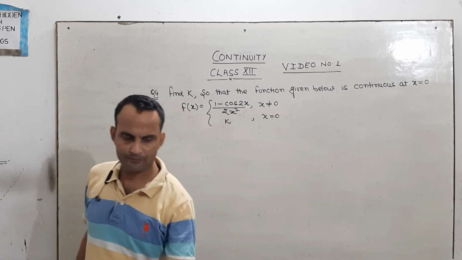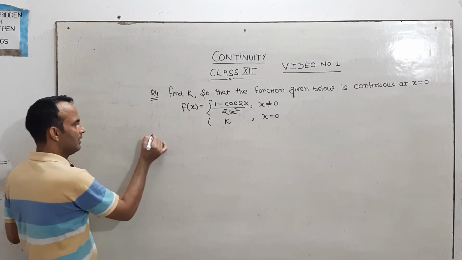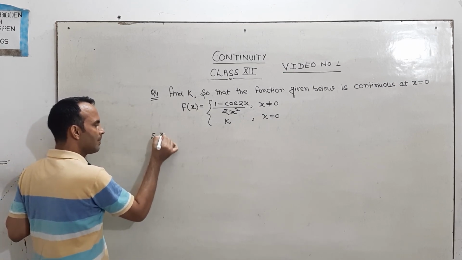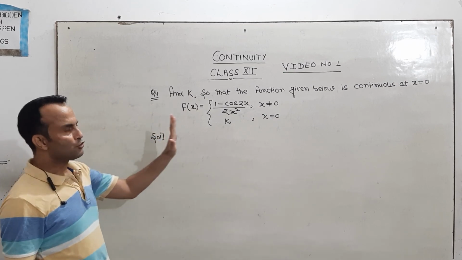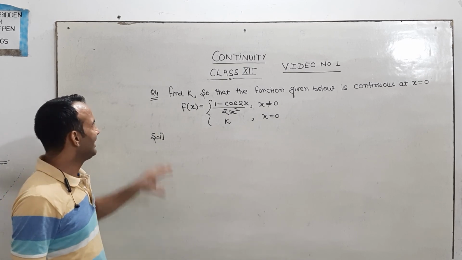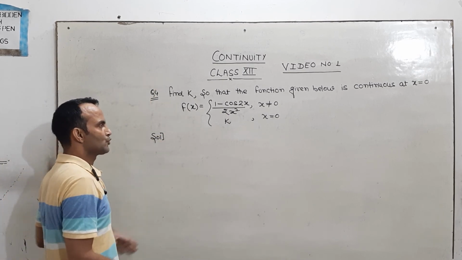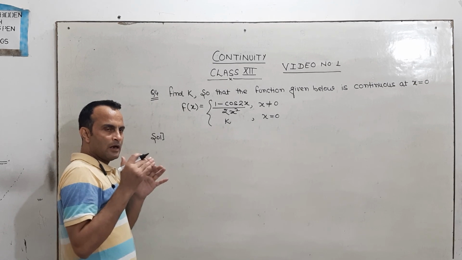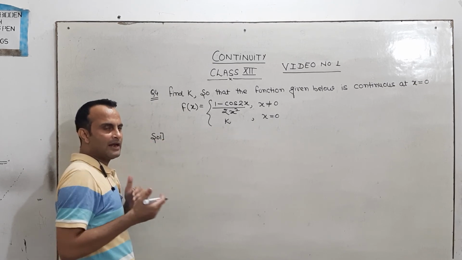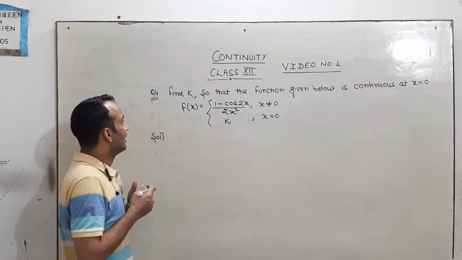Dear students, the method to solve such type of problems we have already discussed in problem number 3. So here I am going to proceed in the same manner as I did in question number 3.